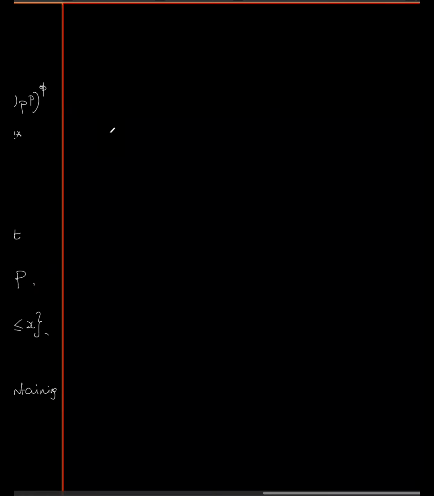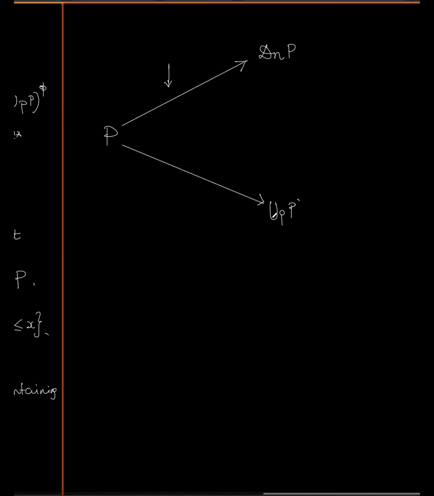Let's see something comes up now. So given any partially ordered set, we have downsets of P and we have upsets of P. Remember, both of them are complete lattices.